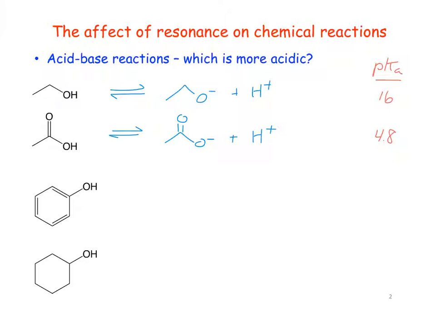So notice that if 4.8 is 5, and the alcohol is 16, that's 11 pKa units, or 11 orders of magnitude difference in the equilibrium constant. Right? We already talked about why this was. Remember that we're looking at the two conjugate bases, this one here versus this one here, and we're determining which one is more stable.